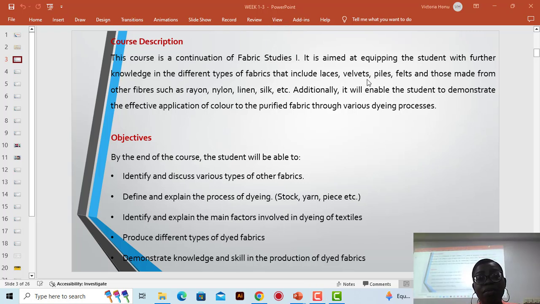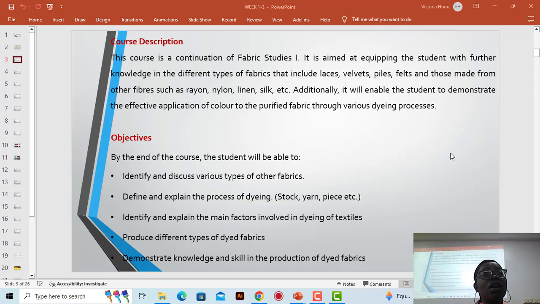So it is aimed at equipping you, the students, with further knowledge in different types of fabrics. That includes laces, velvet, pearls, felts, any fabric that we come across at all. Because in fashion or in textile, we work with any fabric we want to work with, depending on what you are doing, what you are designing.